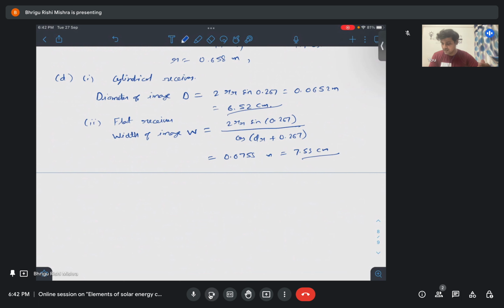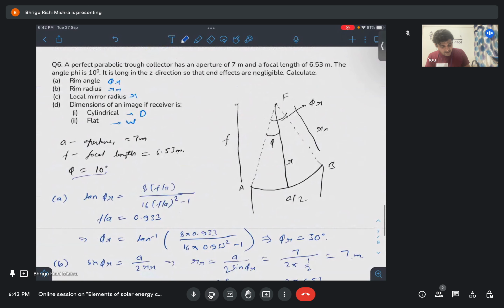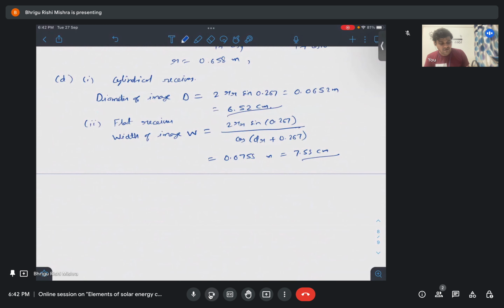There is a third one, that is semicircular. For that you have to calculate the minor axis and major axis, that you can check. Also, there is one thing: as this rim angle increases, what will happen to the image dimension?